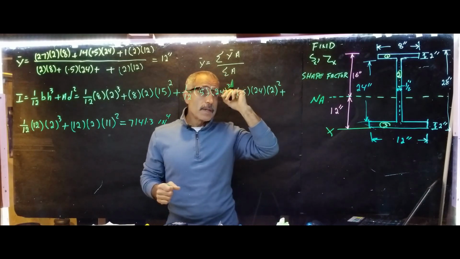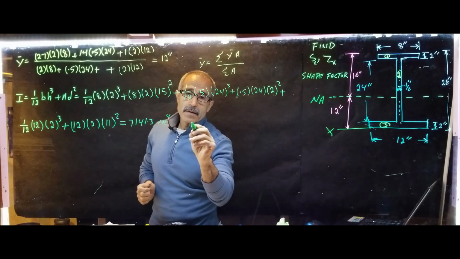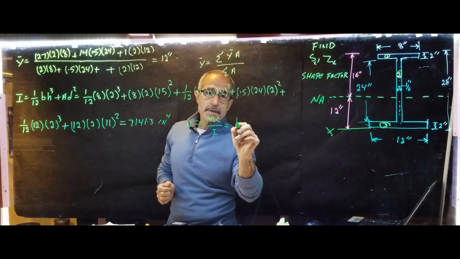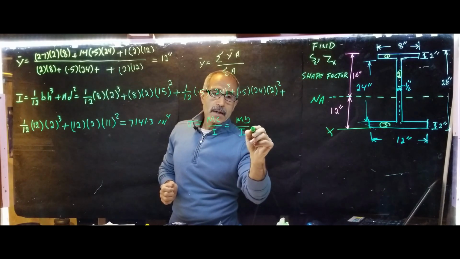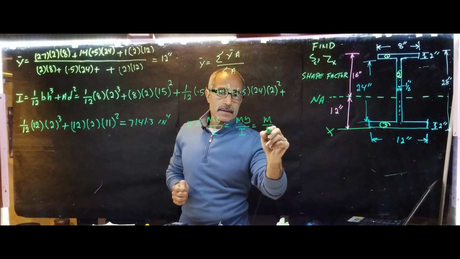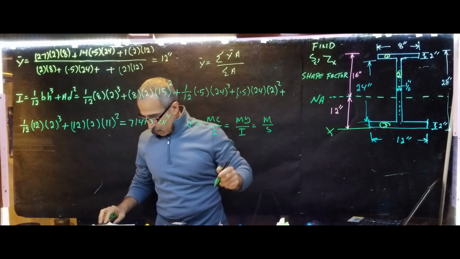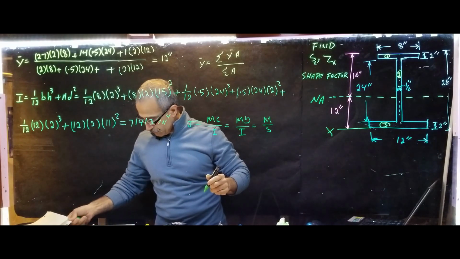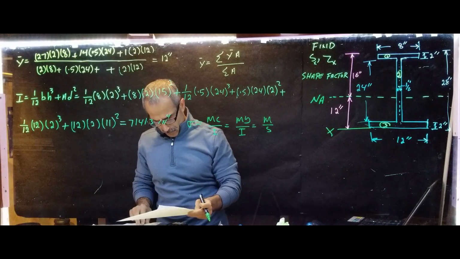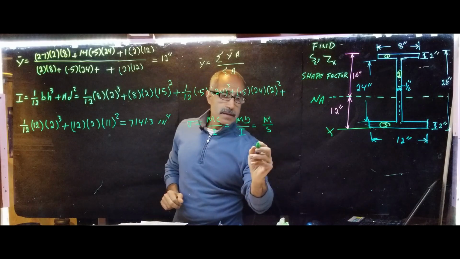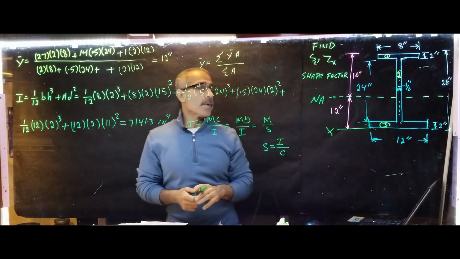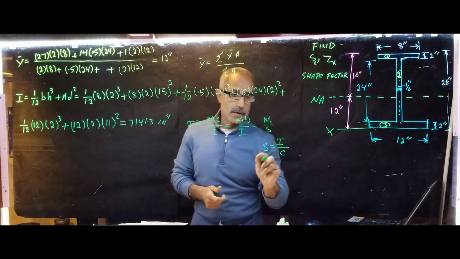We remember the stress is equal to Mc over I, or the same as My divided by I, or the same as M divided by S. We also had the equation S is equal to I divided by C. Now remember, we're going to have two of these.